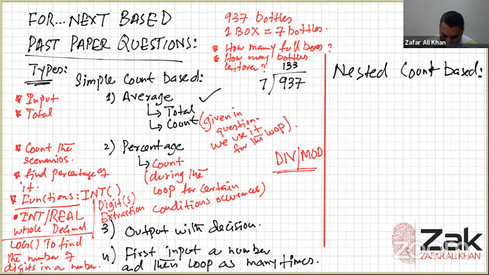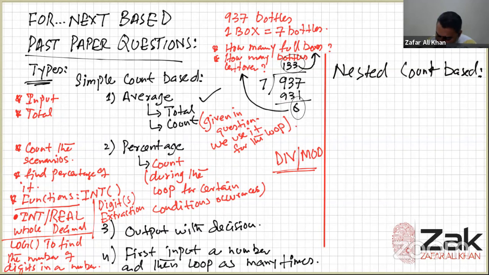So 133 times, it becomes 931. It means that how many bottles are left? 6. This thing here is actually the number of full boxes, and this thing here is actually the number of bottles left that could not fill the box.